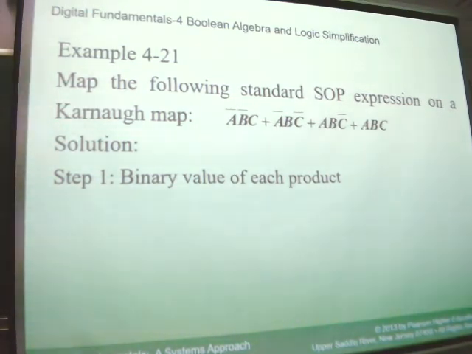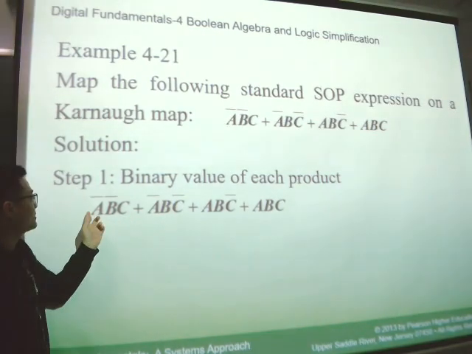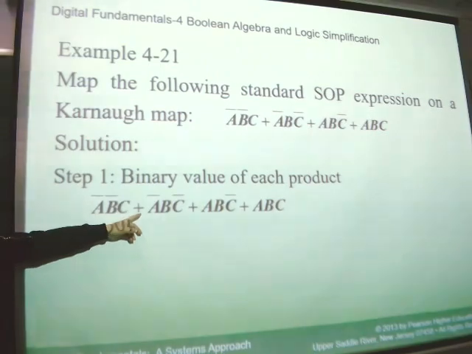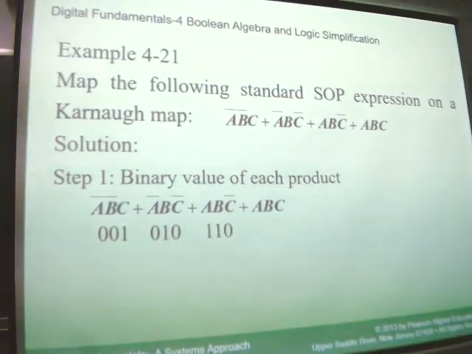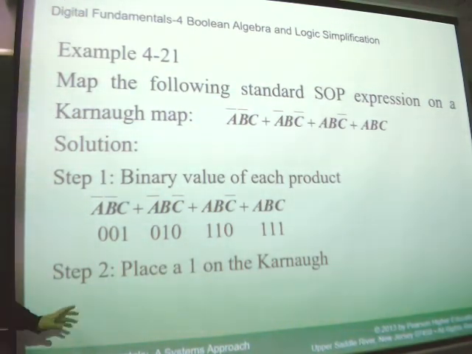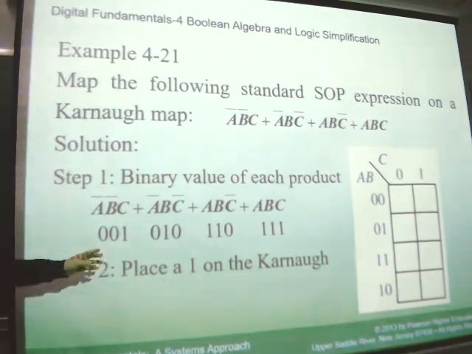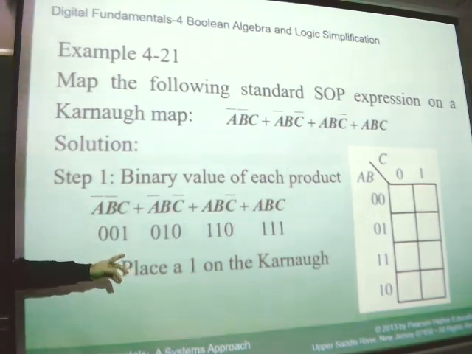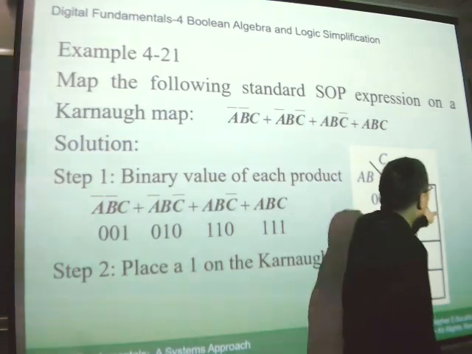Step 1, the binary values of each product term are 001, 010, 110, 111. Step 2, place a 1 on the corresponding cell. For A, B, C, 001 is this cell.